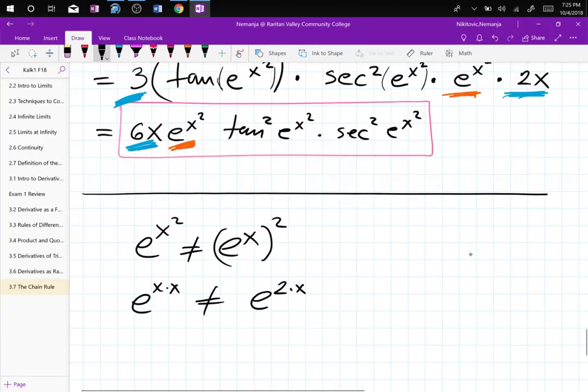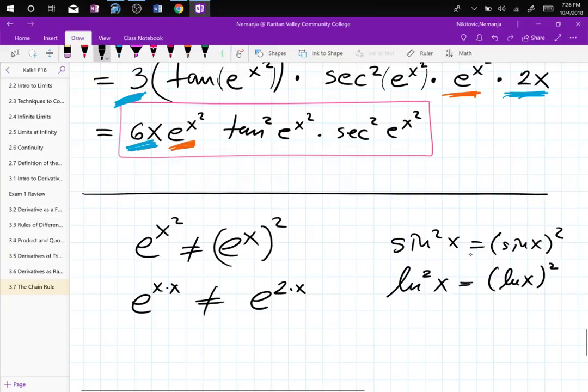Later in this chapter, which is next week, when we do logarithmic differentiation and the derivatives of logs, we are going to encounter the same idea that we had, that sine squared x is sine x, squared, then ln squared x will be ln x, squared. The notation is consistent, right?